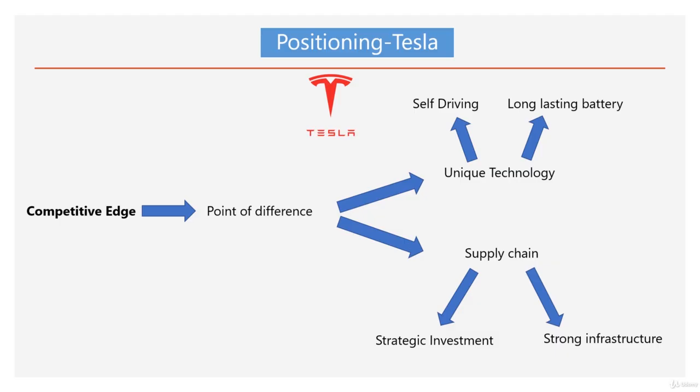And also, if you look at the supply chain, obviously Tesla has some very good strategic investment in Panasonic. They are also opening their gigafactories in China. They already have a gigafactory in United States. They are also planning to launch 2 more gigafactories, one in Germany and one in Australia. And apart from strategic investment, they are also creating strong infrastructure.